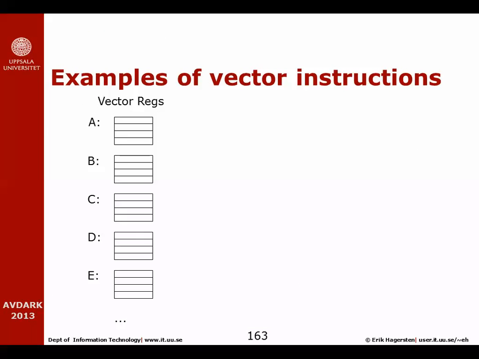So finally, we're going to talk about the vector instructions that we start to see more and more in x86 as well as in other implementations. Vector instructions, as I already said, take advantage of the fact that we have floating point registers that are much wider than the normal integer registers.